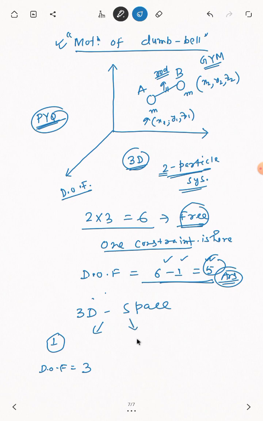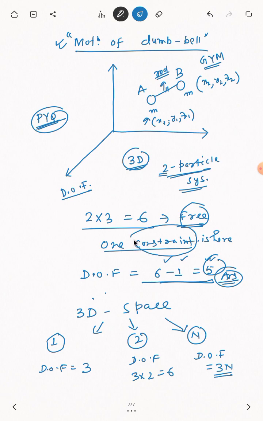In 3D space, number of particles 2, DOF 3 into 2 equal to 6. Similarly, if the number of particles is n, then DOF for the free portion will be 3n. But we have to consider one of the most important facts, constraints. This is something which we cannot ignore.